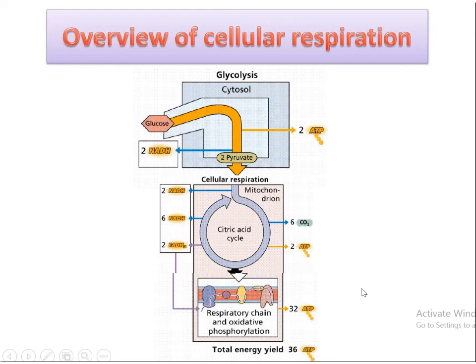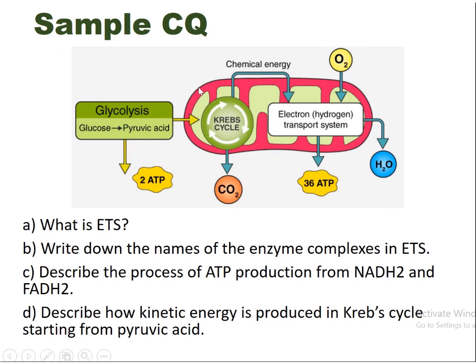Okay. Now let's see a sample CQ. This is a stem on the overall cellular respiration pathways, and see here there are 4 questions, and the marks of these questions are 1, 2, 3 and 4 respectively.